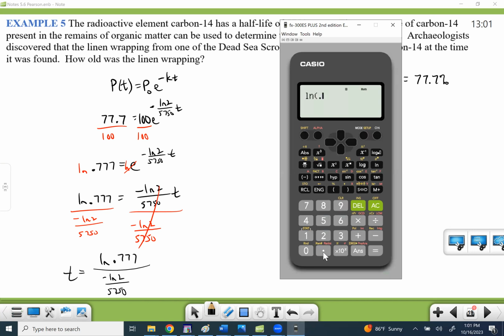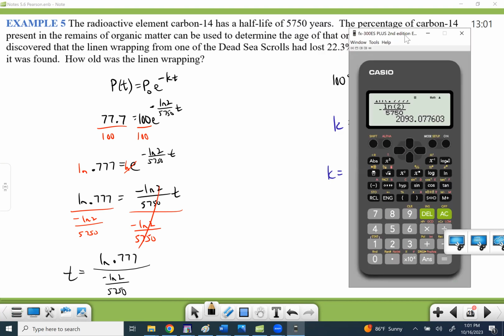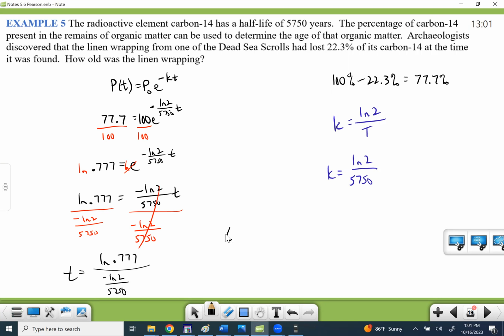Natural log of 0.777, those parentheses. So then we've got negative natural log of 2, close parentheses, another fraction, 5,750. So 2,093 years.